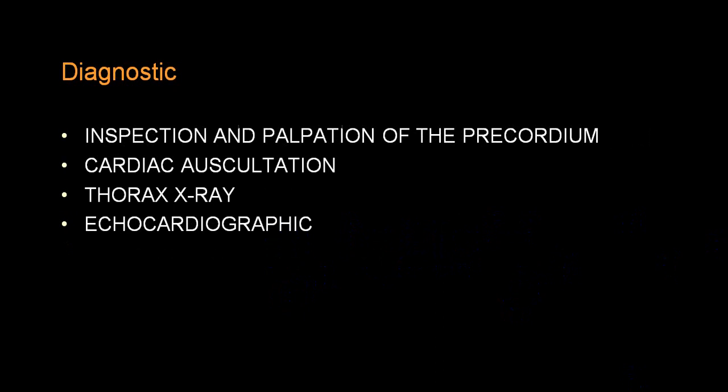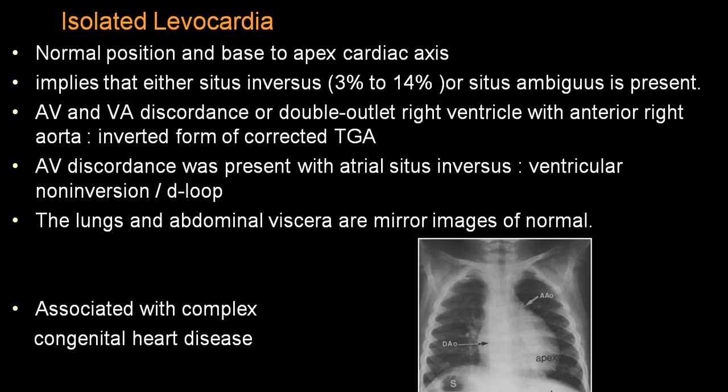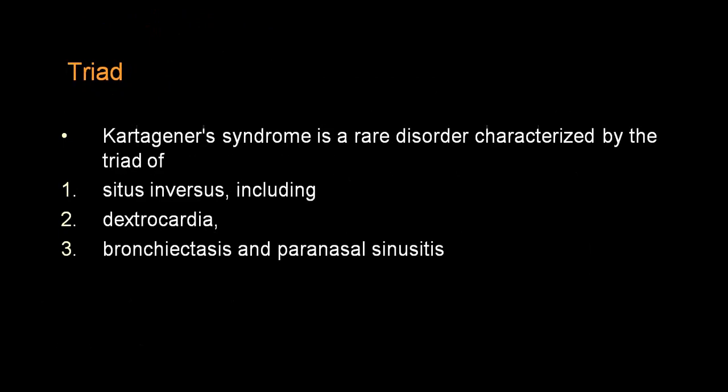So on chest X-ray, you can easily make out that there is a dextrocardia with situs inversus. Echocardiography can also confirm the position on the right side. And if the paranasal sinus X-ray is taken, you can get agenesis or abnormal paranasal sinus and sinusitis.